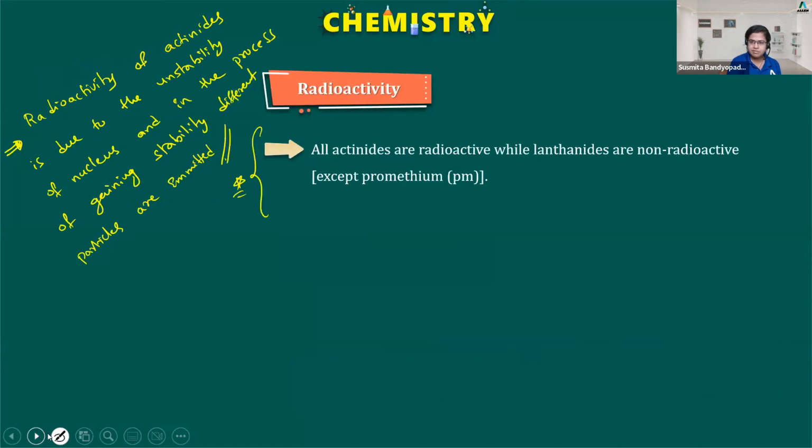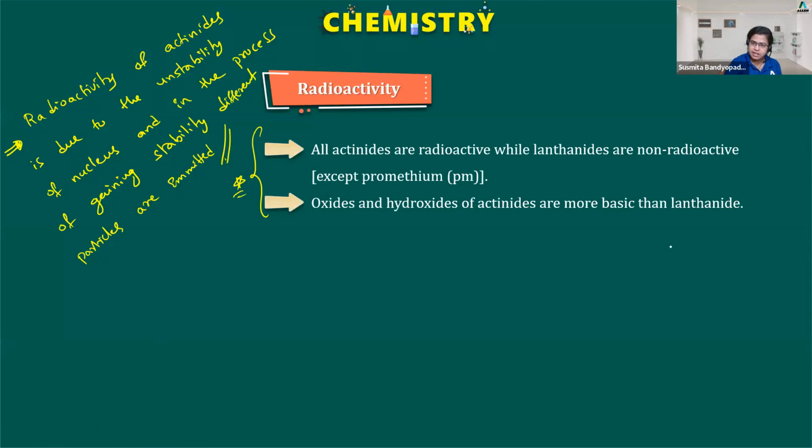Except promethium, all of the lanthanides are non-radioactive, whereas all actinides are radioactive in nature. As compared to the lanthanides, the hydroxides and oxides of actinides are more basic.